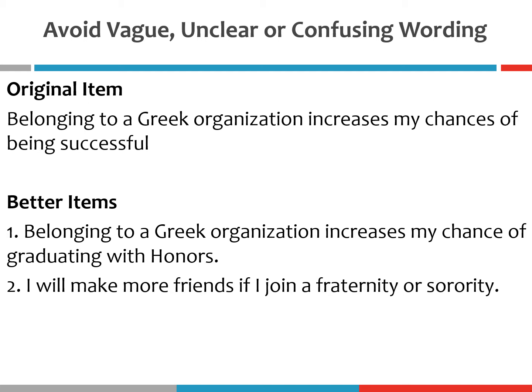We could also talk about social or relational success, so: I will make more friends if I join a fraternity or sorority. Both of these questions attempt to capture potential ways that joining a sorority or Greek organization might help you satisfy the particular objectives that you want to achieve while in college.